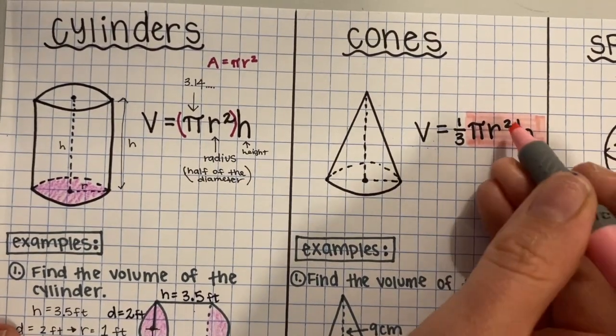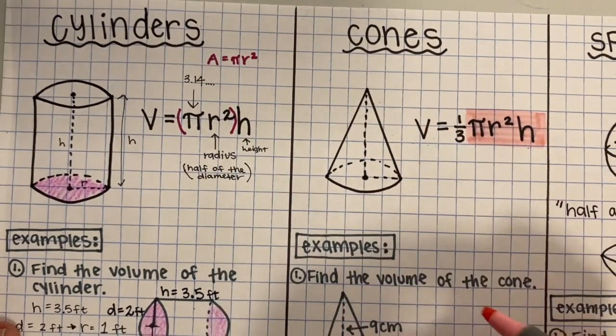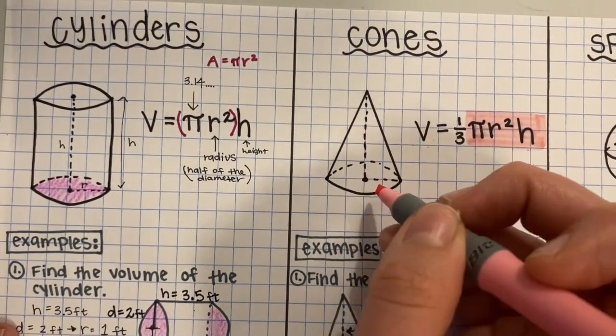So if I multiply that volume of a cylinder by 1/3, I get my volume of a cone with that radius and height.